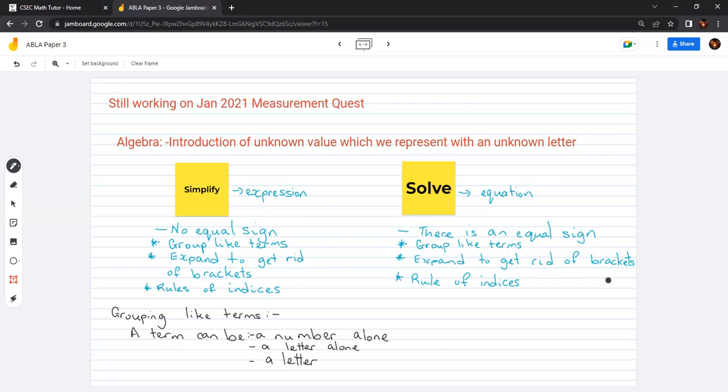So anytime you hear the word term, it could be one of these three types: a number alone, a letter alone, or a letter and a number.